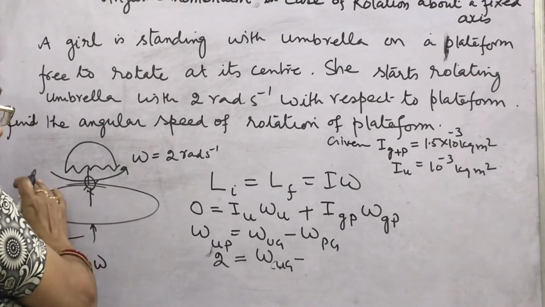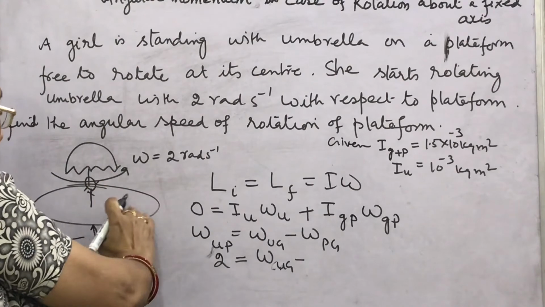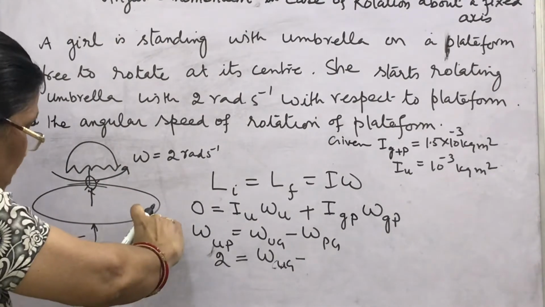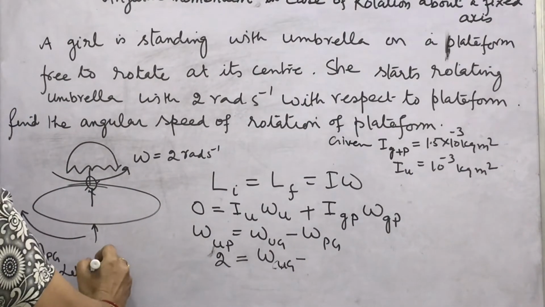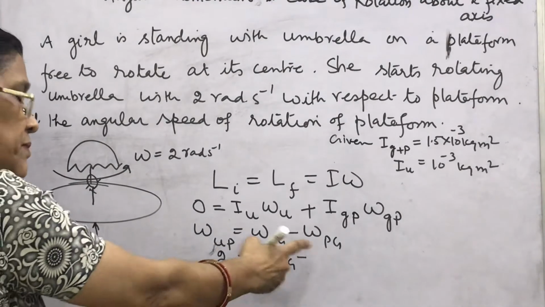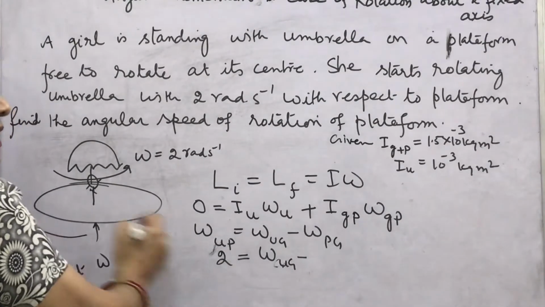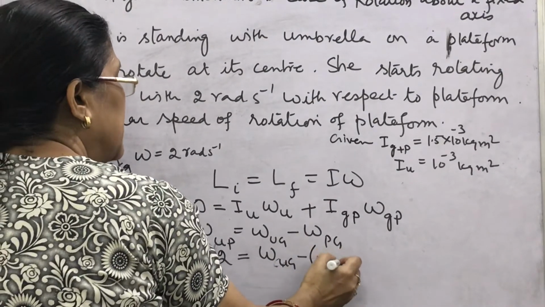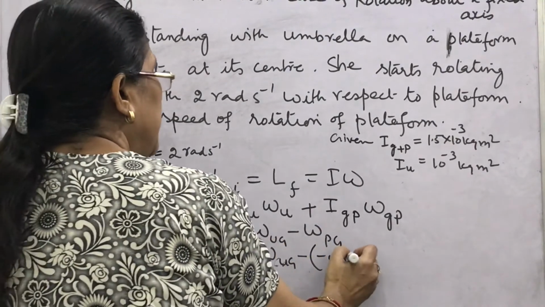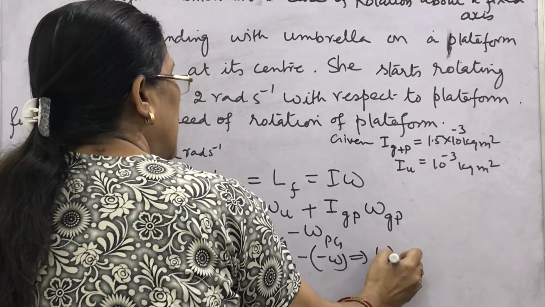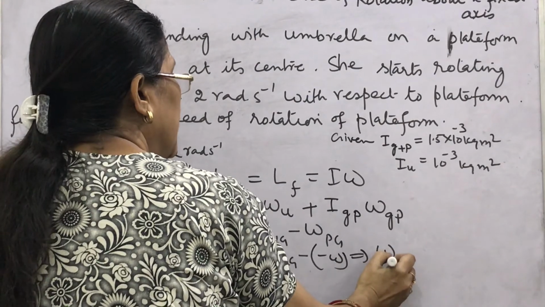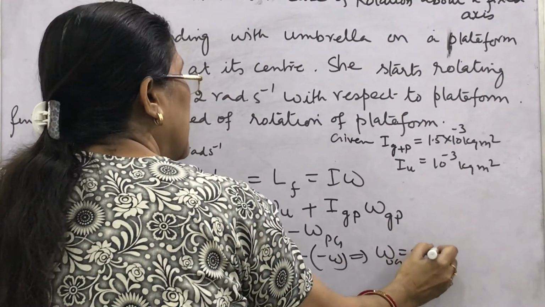Then how will you write here? If this is in this direction, the platform to conserve the angular momentum rotates in the opposite direction. So what will you write here? This minus sign, opposite to that. This minus omega. What does it mean? This omega UG will be 2 minus omega.